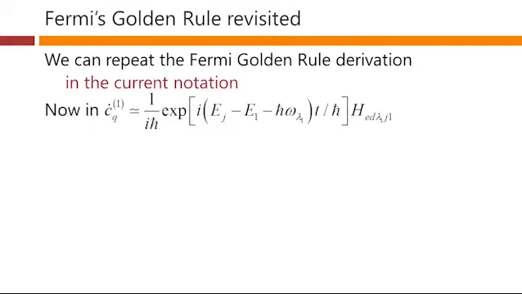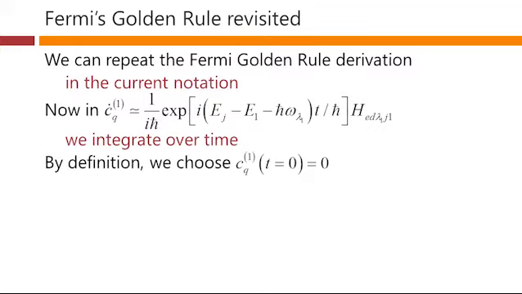So here we have our statement again that we've got to so far. We know that this is going to be the energy of the system we have to think of overall. The energy difference comes in here. And we're going to be working to figure out what CQ is, CQ1. So we integrate over time. And by definition, we choose that to start with, this amplitude is going to be 0.